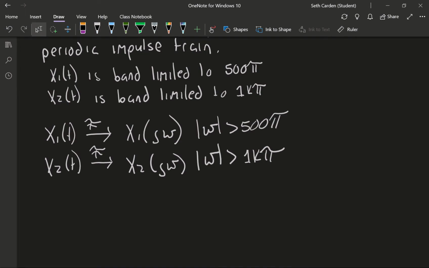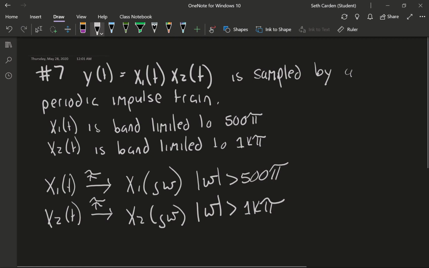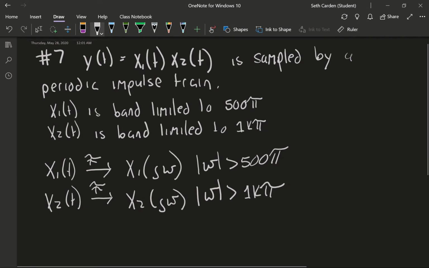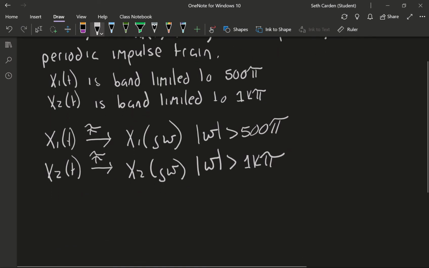So we know that we want to find the Fourier transform of y because the problem asks us for the Nyquist rate of y of t, not x1 or x2 of t. So we know y of t is equal to x1 of t times x2 of t.